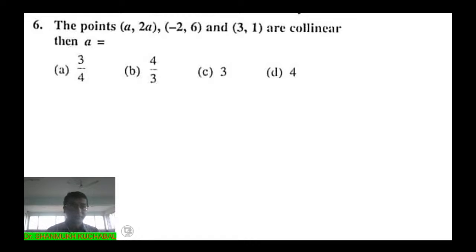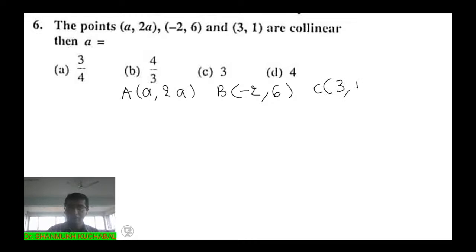Next example: the points A (2a, -2), B (6, 3) and C (1...) are collinear, then a equals. Here we will take the points as A, B, C. Now A is (a, 2a), B equals (-2, 6), C equals (3, 1).